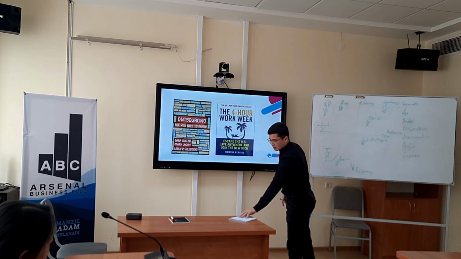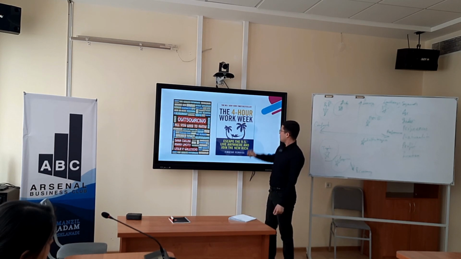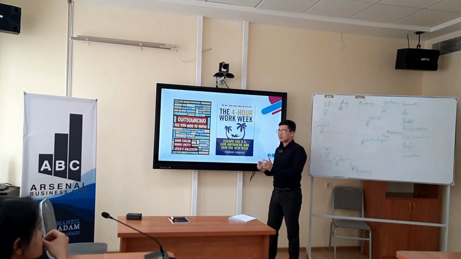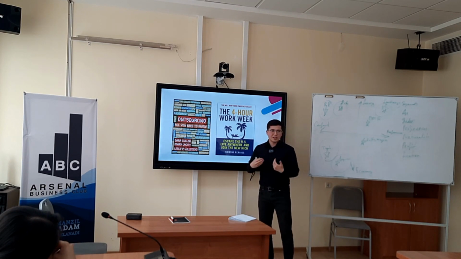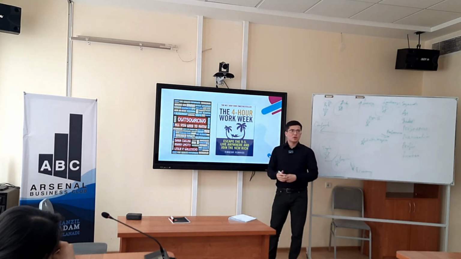So this one is functional. Why is it functional? Because it says that if you follow this, you're going to achieve this thing, right? It's promising us, which means that it's functional. Besides that, it's symbolic. Symbolic means that it's satisfying a personal ego to be relaxed, to have more free time, or to be rich.